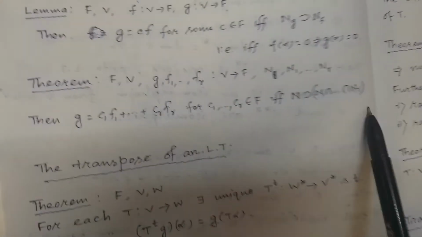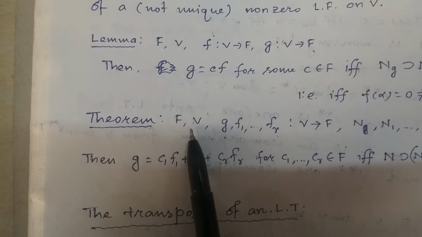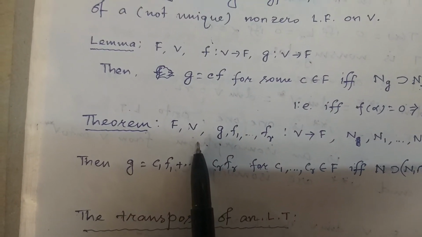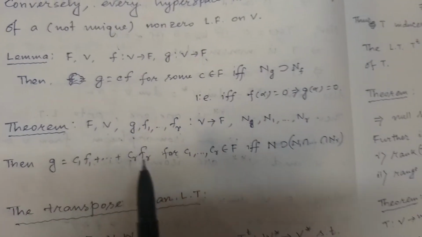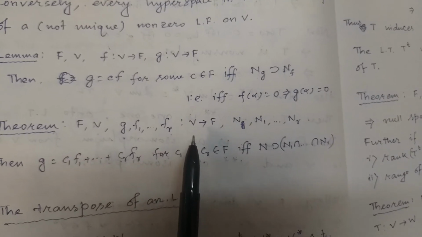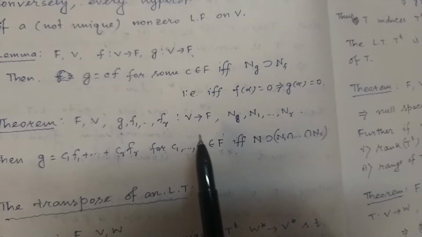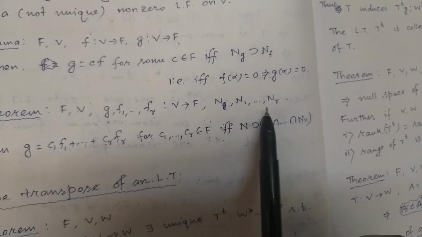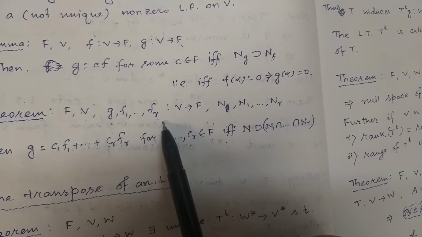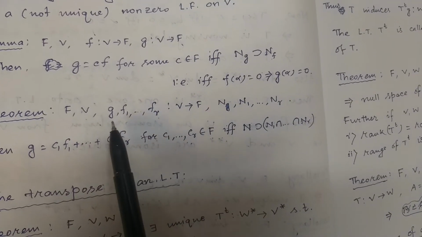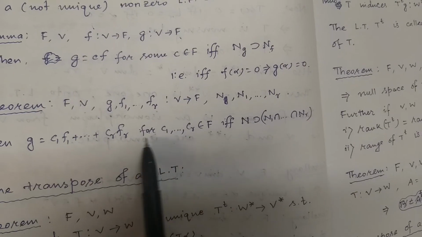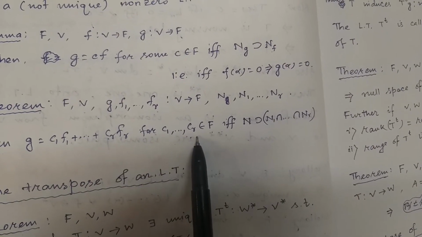How to use this? We generalize this. Let capital F be a field, V be a vector space over the field F. g, f1, f2, up to fr are functionals from V to F. N, N1, up to Nr are the null spaces of g, f1, up to fr respectively, and g is represented as c1 f1 plus up to cr fr, where c1, c2, cr are scalars.